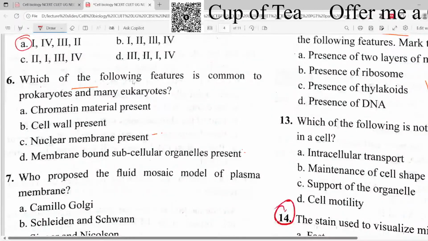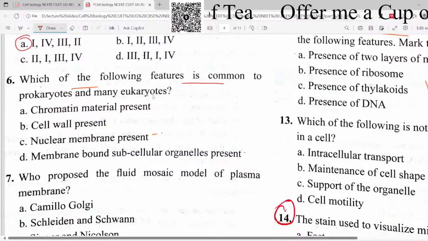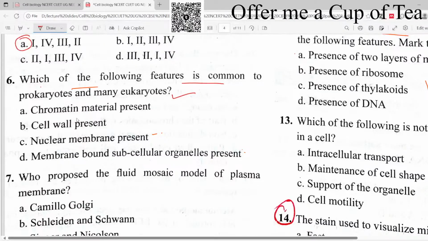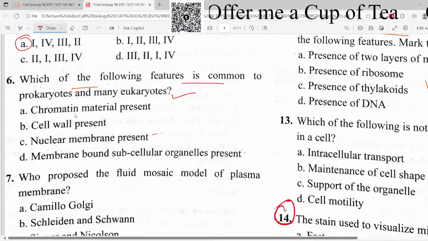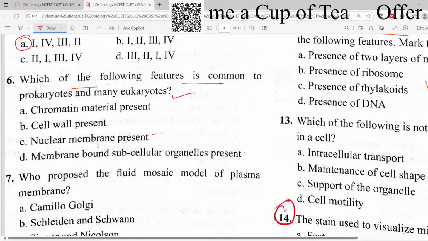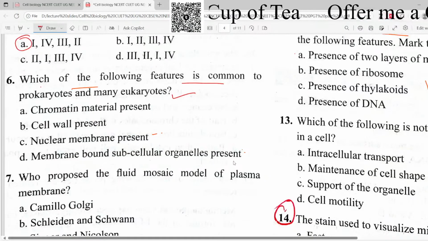Question number 6. Which of the following features is common to prokaryotic and many eukaryotic cells? Here the options are given. Option A, chromatin material present; B, cell wall present; C, nuclear membrane present; and D, membrane bound subcellular organelles present.